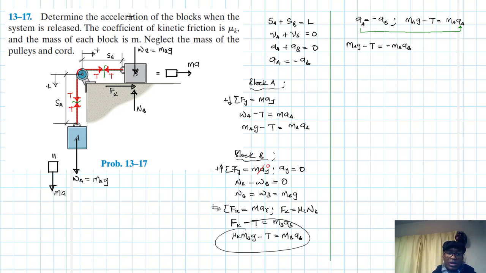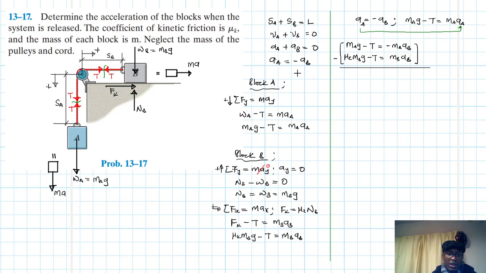And we'll correct this equation also, which is just mu_k m_B g minus T equal to m_B a_B. So we are going to solve these equations simultaneously. I'm going to use the substitution method, subtracting, so that I just get rid of T.